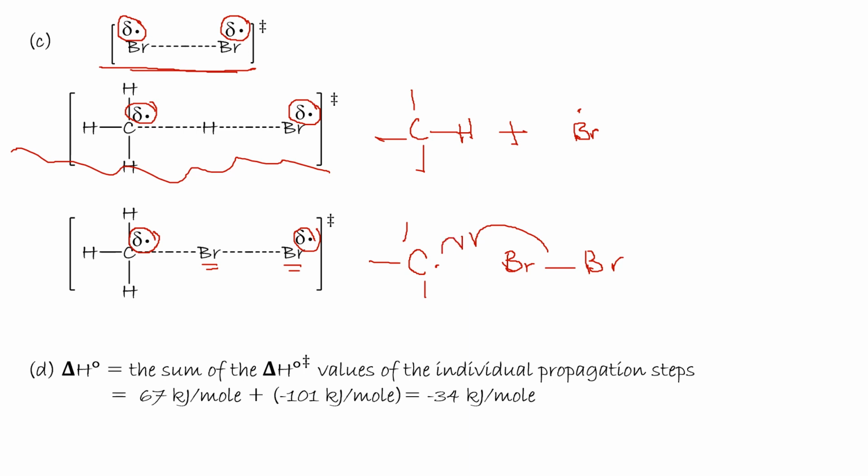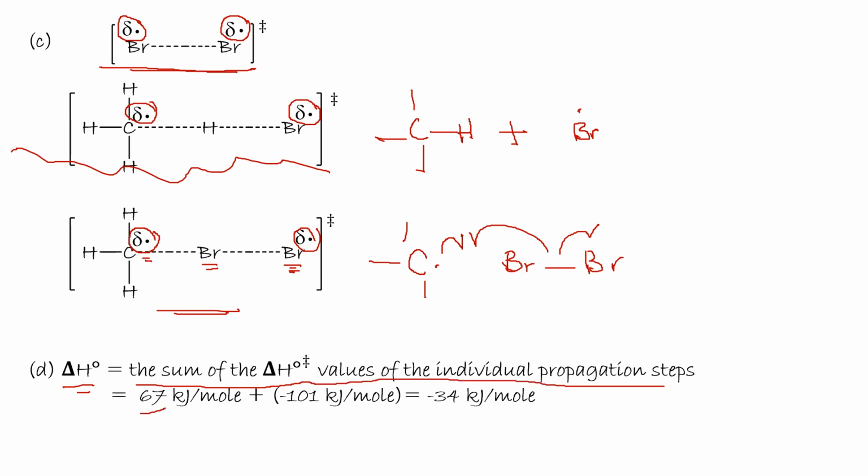When this comes together, we are creating a partial bond on this and partially on Br, and this is transition state number 2. Delta H naught is the sum of the delta H naught values of the individual propagation steps.